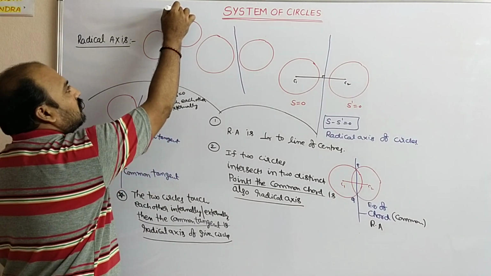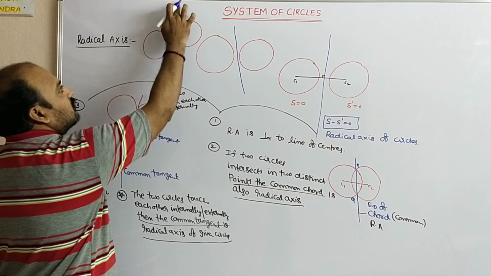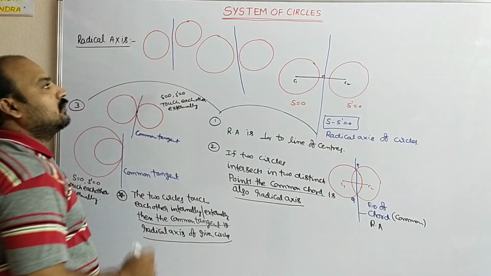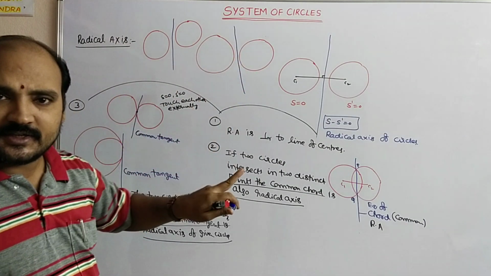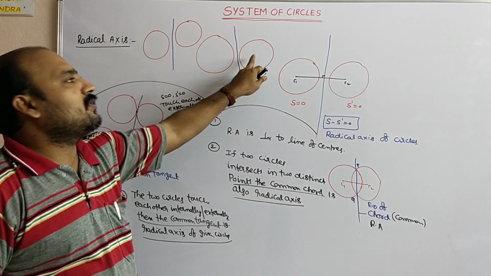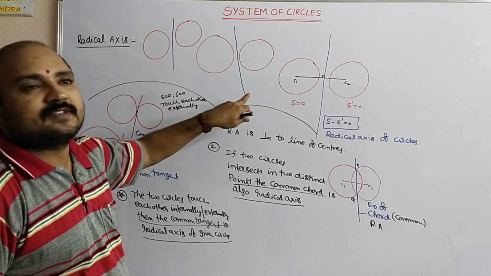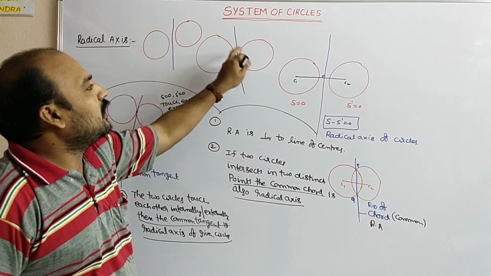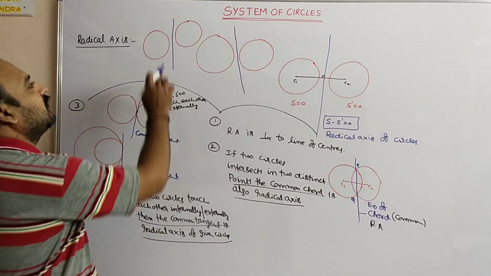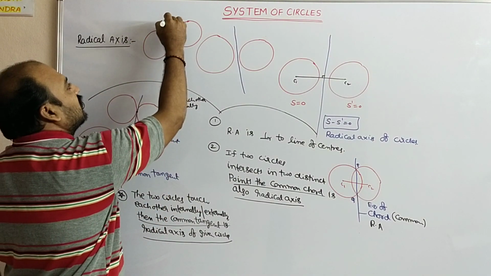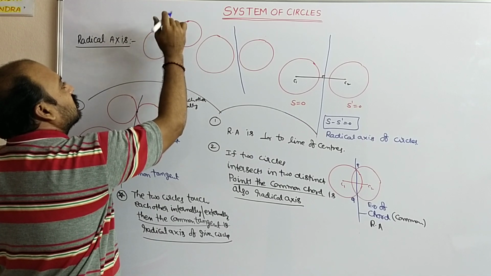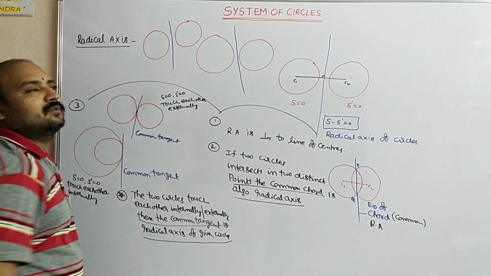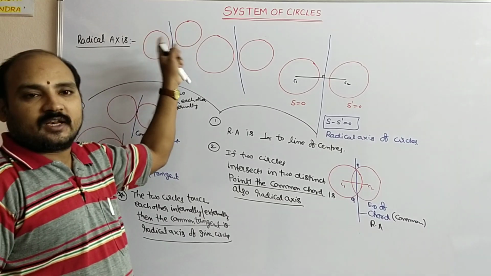It will be a straight line. Here also, in between the circles, a straight line you can draw.